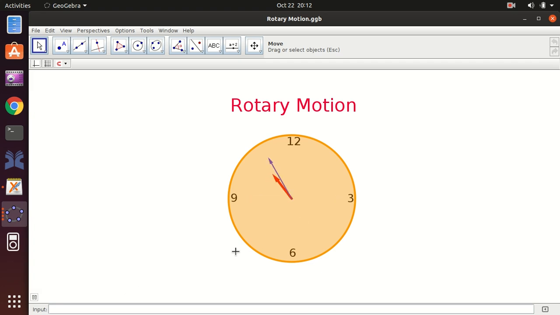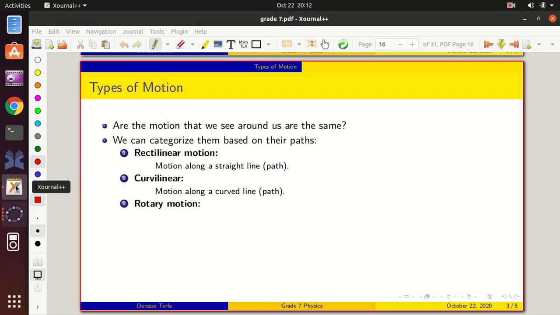There is an axis here, which is a point. The two hands of the clock are moving about the point, and this kind of motion is what we call rotary motion. Therefore, motion about an axis or about a point is what we call rotary motion.